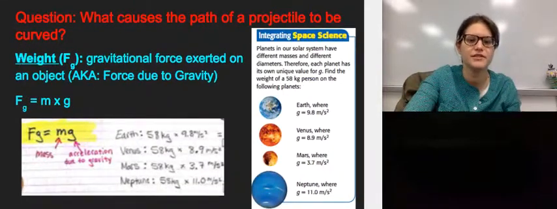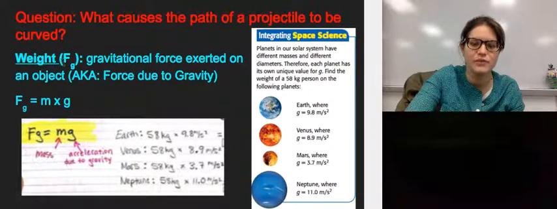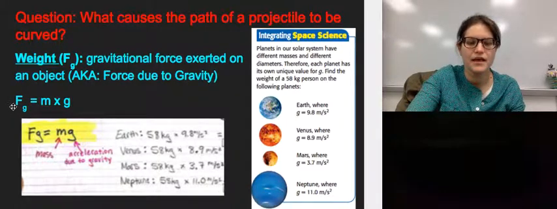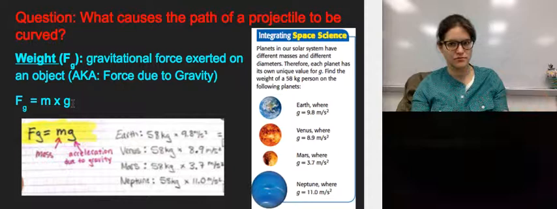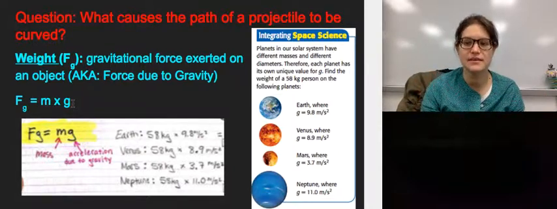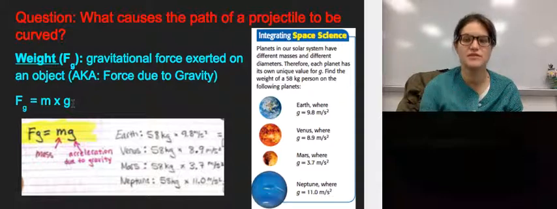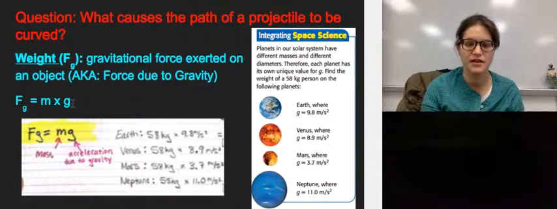So you're going to put down the definition for weight, Fg, the gravitational force exerted on an object, also known as force due to gravity. And the equation for this is actually Fg equals mg. So this should look very similar to the equation for force, which is just ma, mass times acceleration.